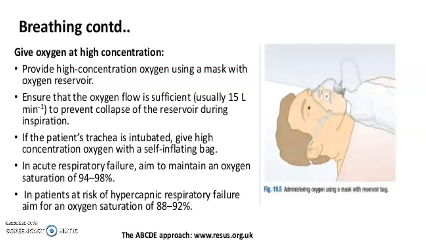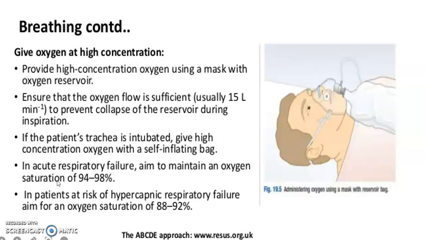So you have to give oxygen at high concentration. Provide high concentration oxygen with a face mask at greater than 10 to 15 liters using a face mask with a reservoir. If the patient's trachea is intubated, give high flow concentration of oxygen with a self-inflating bag. So in acute respiratory failure, aim to maintain the oxygen saturation between 94 and 98.